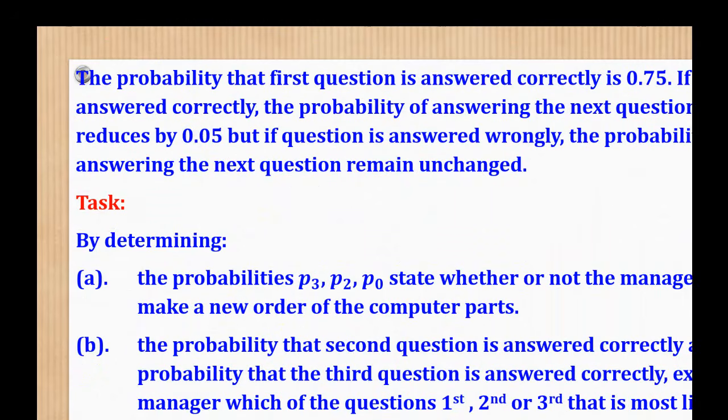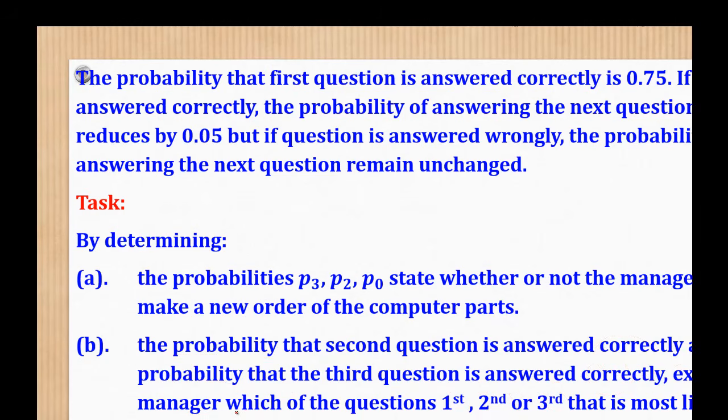Part B, they said by determining the probability that the second question is answered correctly, and the probability that the third question is answered correctly, explain to the manager which of the questions, first, second, or third, is most likely given a correct response to.